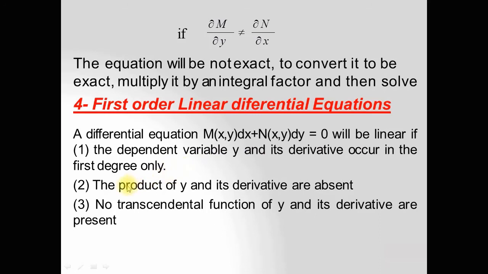The second condition is that the product of y and its derivative is absent. Since in this differential equation the dependent variable is y, the product of y and its derivative is absent, and no transcendental function of y and its derivative is present in the given differential equation.